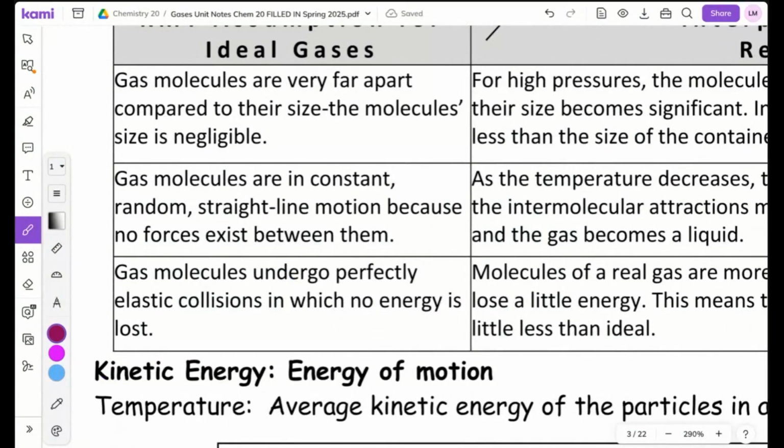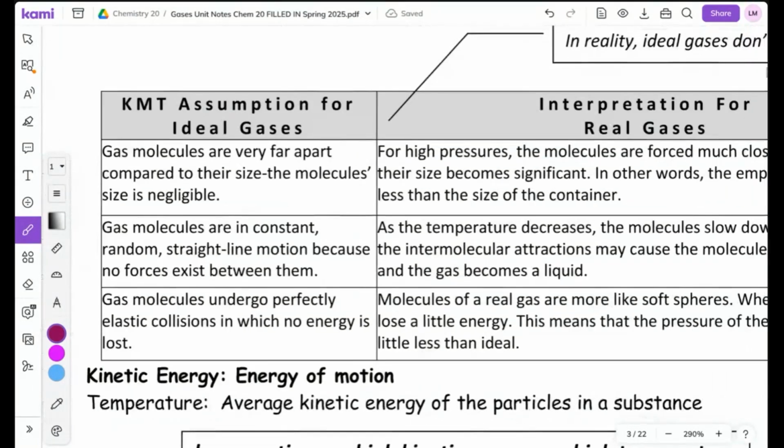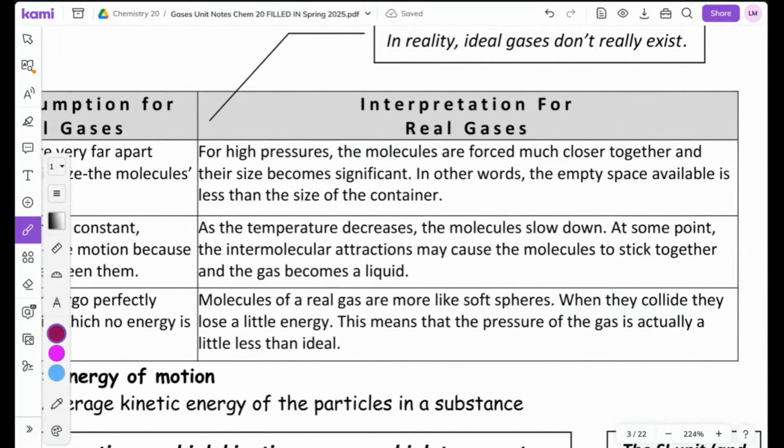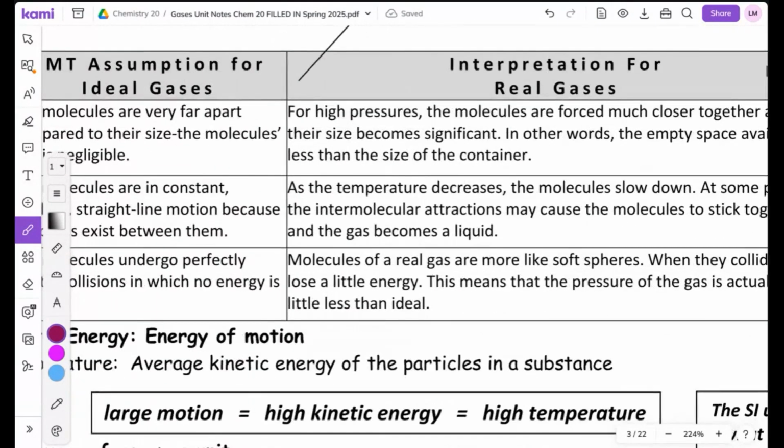For an ideal gas, we can assume that they undergo perfectly elastic collisions and no kinetic energy is lost. But in the real world, molecules of a real gas are more like soft spheres, and when they collide, they lose a little bit of kinetic energy. What that means is that the pressure of the gas is actually going to be lower than what you would expect when you assume you have an ideal gas.